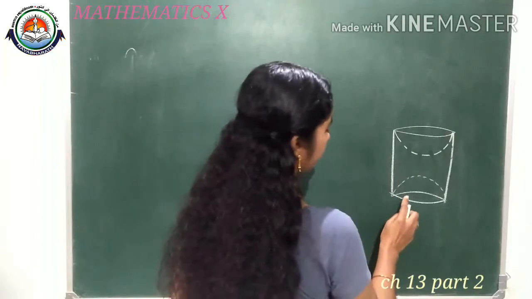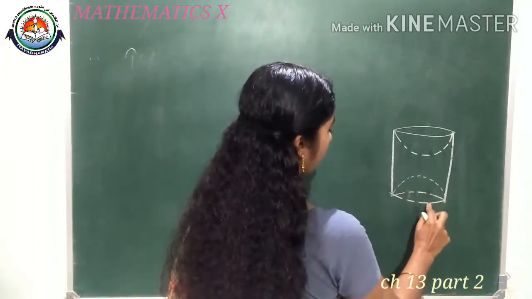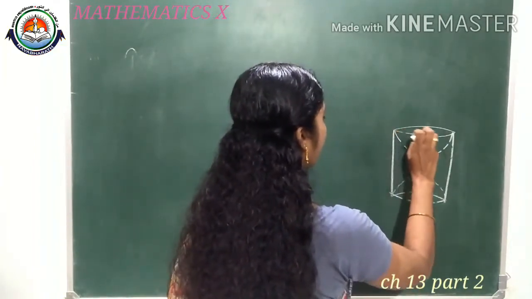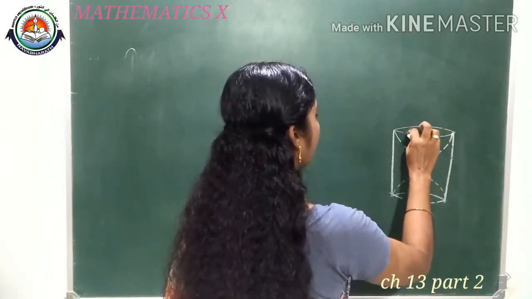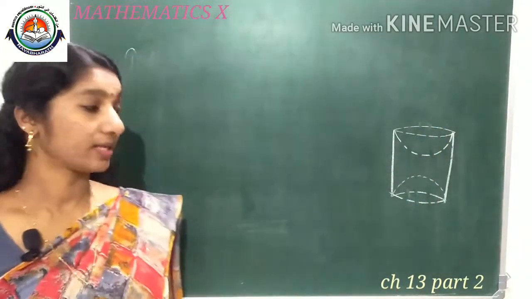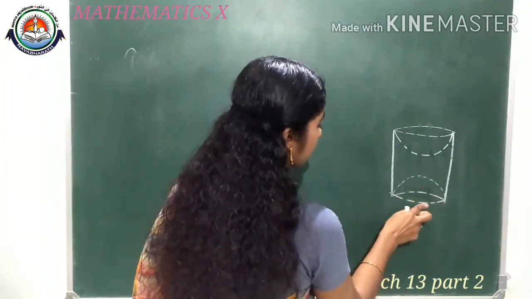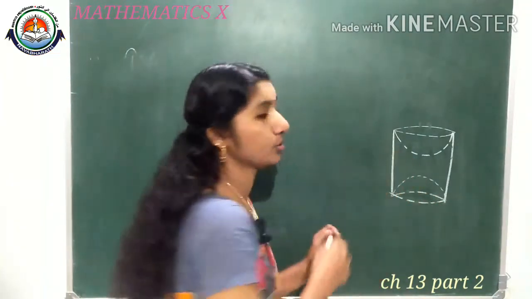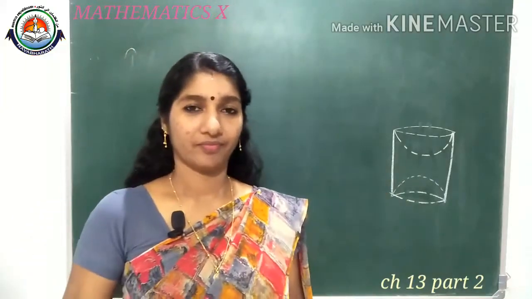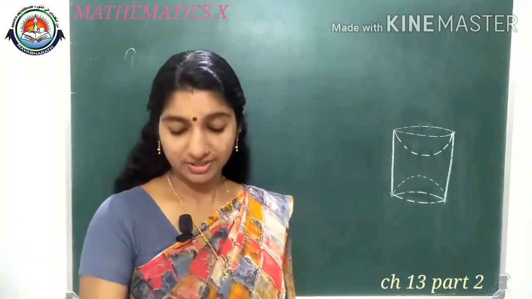Okay, then here also a hemispherical depression is made. Then we need to find the surface area of this new object.